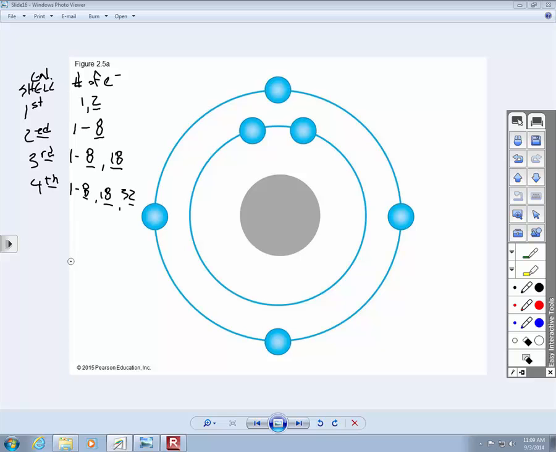So if you add all that up, you have a large number of electrons. There are some atoms that do have that many, but we're not going to be too concerned with that. Okay, and I'm not going to go into the 5th, the 6th, and the 7th energy shell.